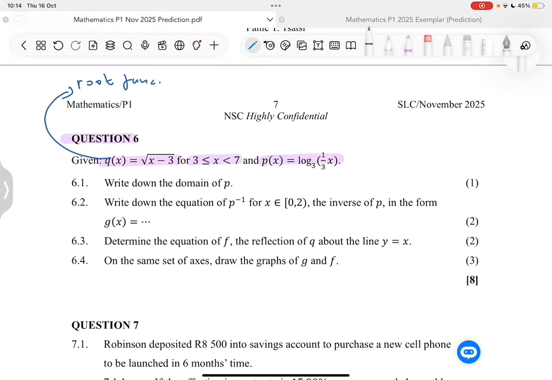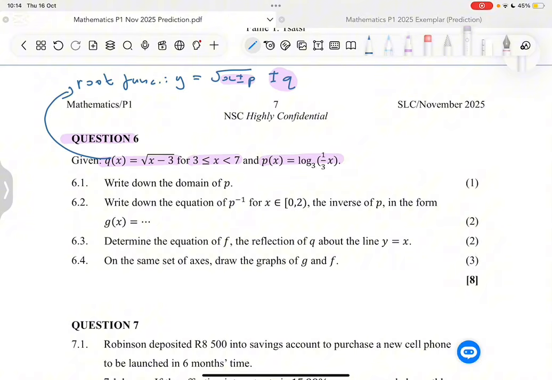And a root function is really defined by y is equal to the root of x plus or minus p, plus or minus q, where the plus or minus p represents the translations of moving the graph to the left or to the right. And the plus or minus q represents the translations wherein we move the graph either up or down.